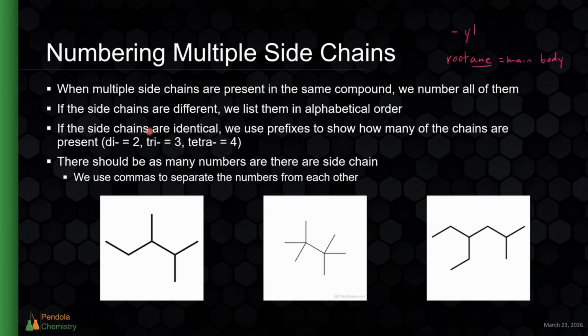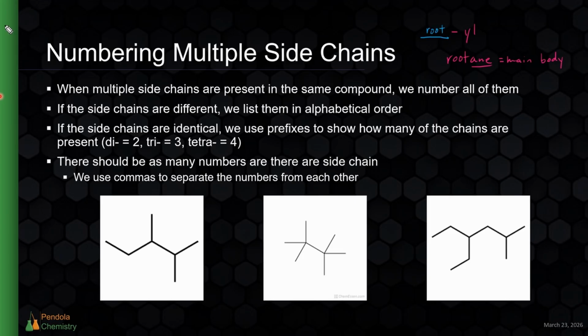If the side chains are identical, so if there are 2 methyl side chains or 3 methyl side chains, we're going to use a prefix to that side chain. So either di for 2, tri for 3, or tetra for 4. So like we said earlier, we are going to have that YL ending mean that it's a side chain with whatever root we have in the middle.